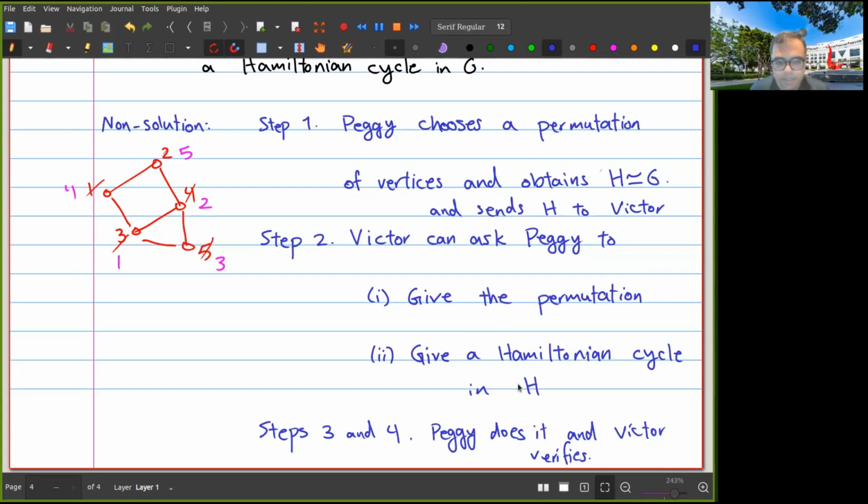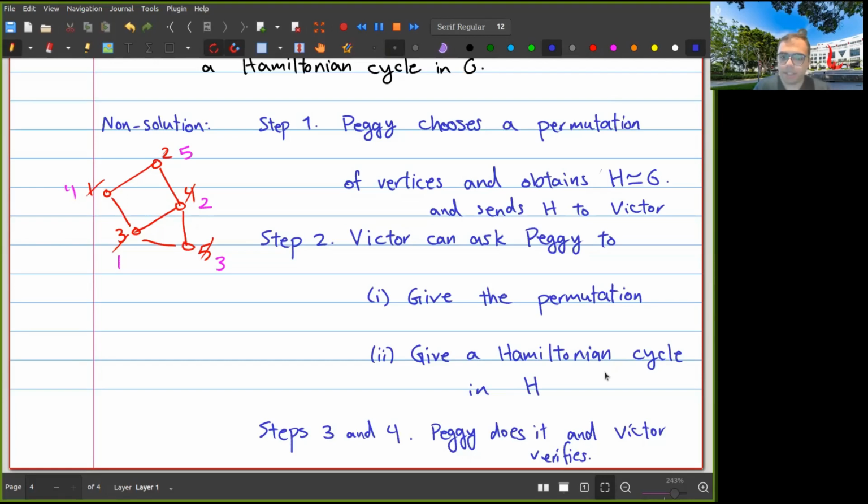But the problem this creates is that we are giving Victor a lot of other graphs that are isomorphic to G. And if Victor keeps asking for the Hamiltonian cycle, then he will actually have a lot of graphs that are isomorphic to G, and he will have a Hamiltonian cycle in each one of those. And that's not nothing. That's actually some information, right?